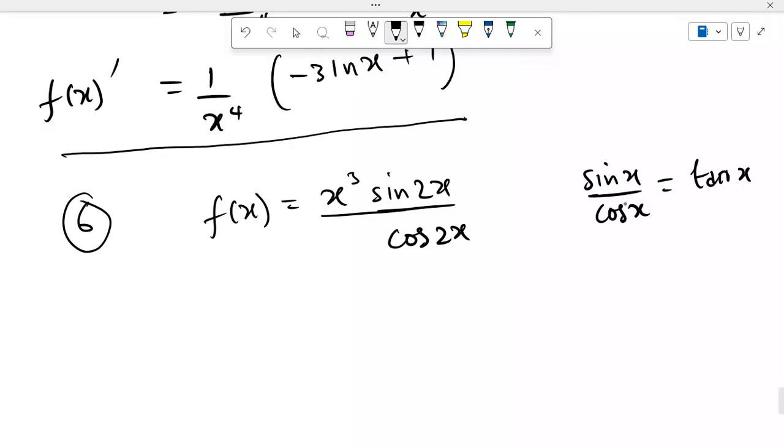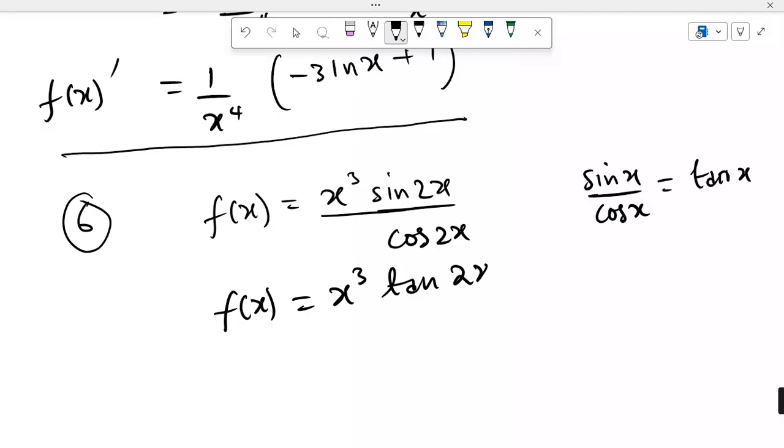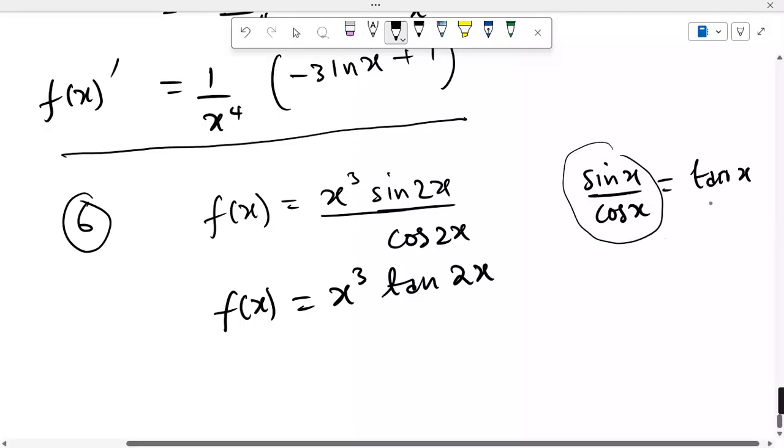You need to know this. Sine over cosine is tan x. Here there is 2, so it will be tan 2x. So f of x equals x cubed tan 2x. This is an identity: sine over cosine is tangent. But here, since we have 2, we just maintain the 2. So know this identity.